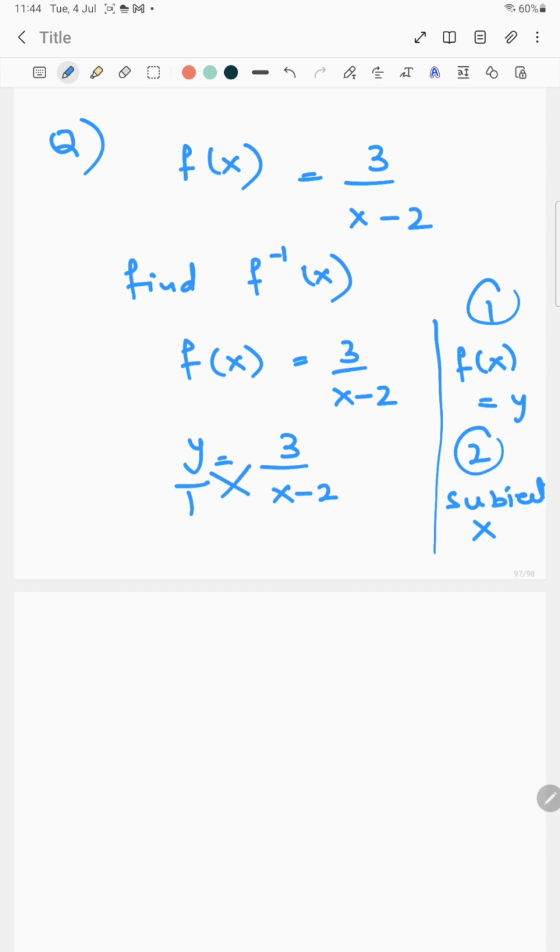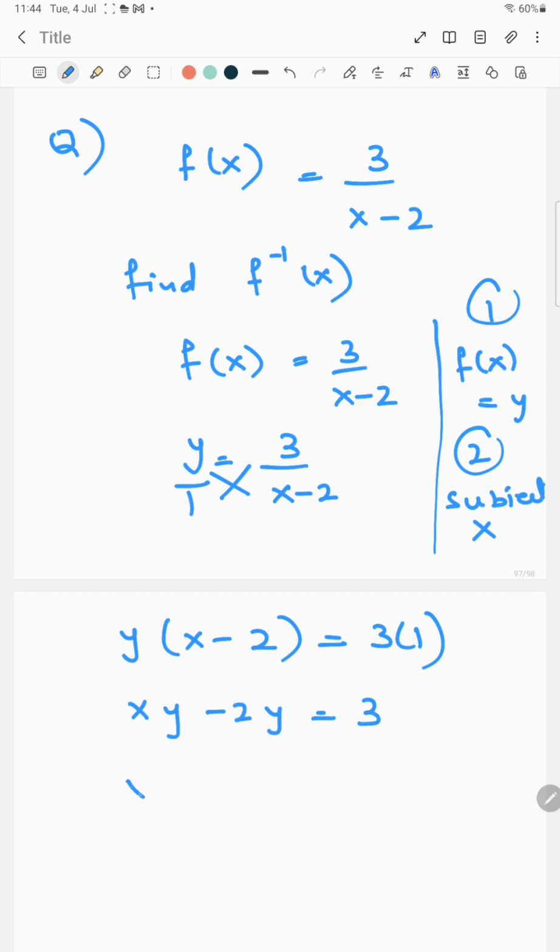So we will do the cross multiplication, y times x minus 2 and 3 times 1. So xy minus 2y is equal to 3. And then we can write xy is equal to 2y plus 3 because I'm just shifting this to the other side.